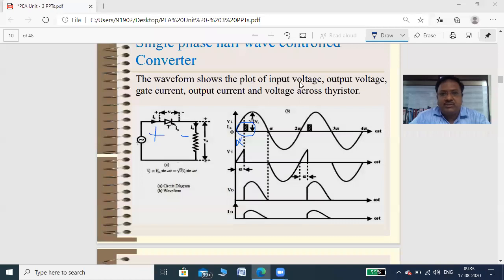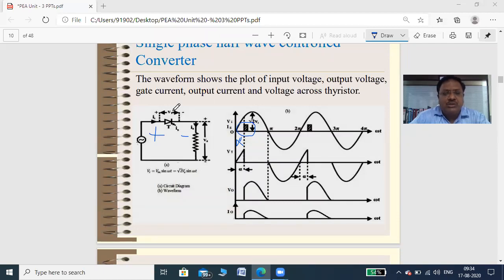The triggering pulse circuit is not shown in the figure. Every time I told you that the triggering circuit is required. Without the triggering circuit, the SCR will never conduct, and the protection circuit is also required.